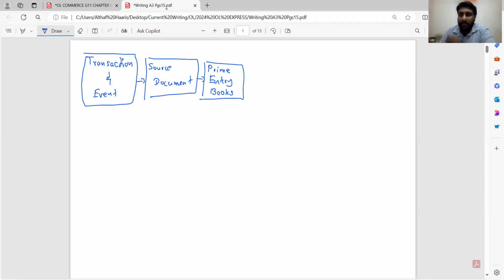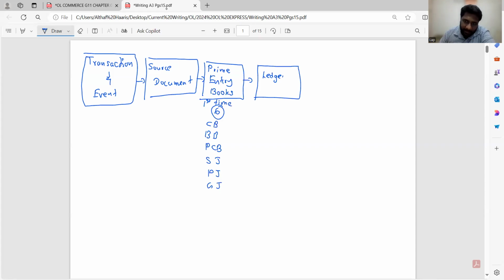So we learn 6 types of prime entry books. Cash book, bank book, petty cash book, sales journal, purchase journal, and the general journal. So in the prime entry book only, we will write the transaction for the first time. Then from the prime entry book, we move to the ledgers, where we have T accounts.